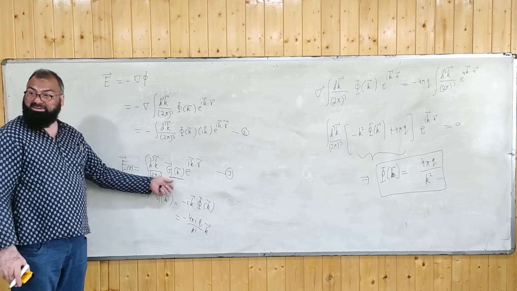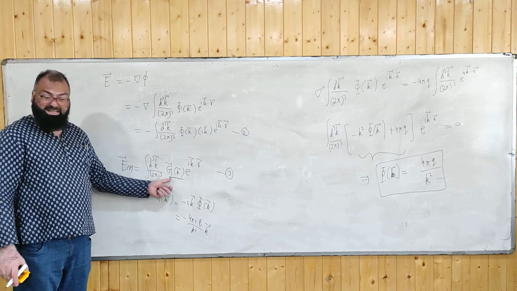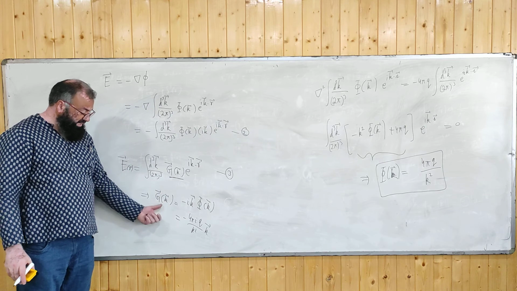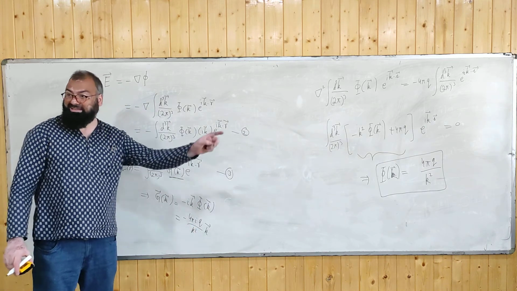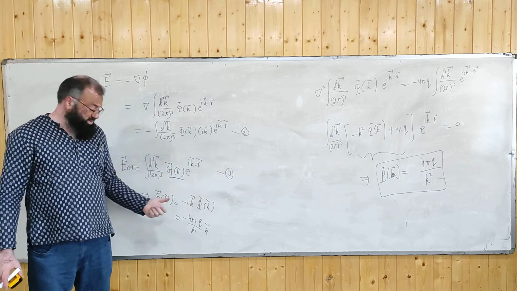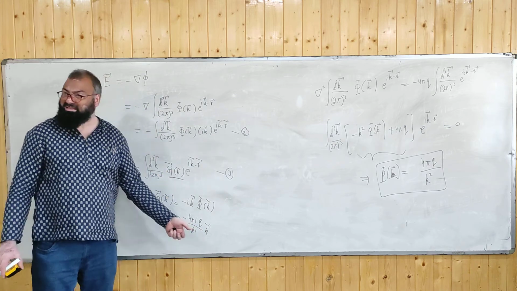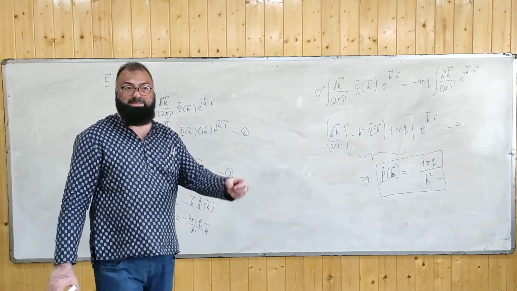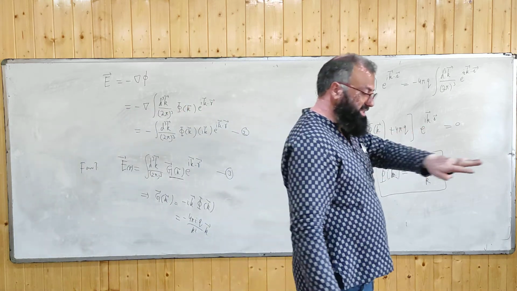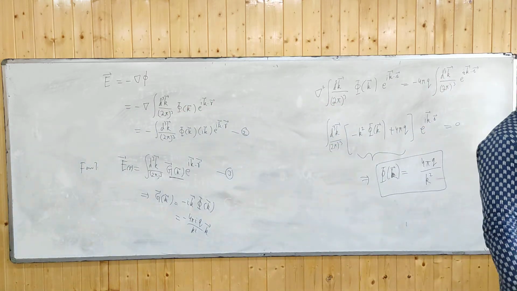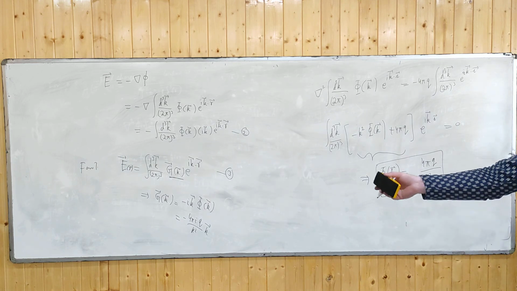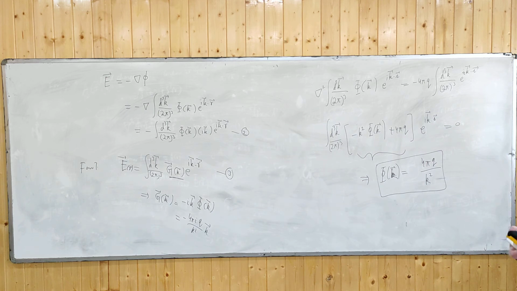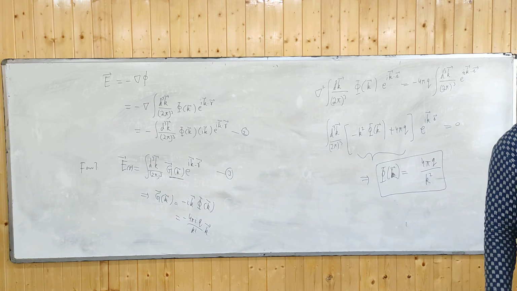This is the electric field in r space, coordinate space, and this is the electric field in momentum space. Clear? Now look here. What is the direction of this electric field in momentum space? It is k, the direction of the propagation vector. So G and k have the same direction. What kind of waves do we call them? Longitudinal. So this is the proof that a static electric field is longitudinal in nature.